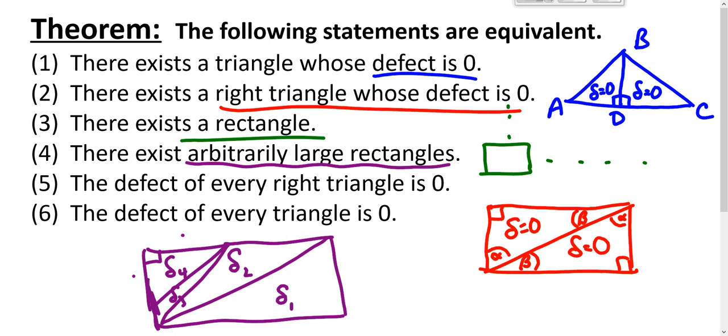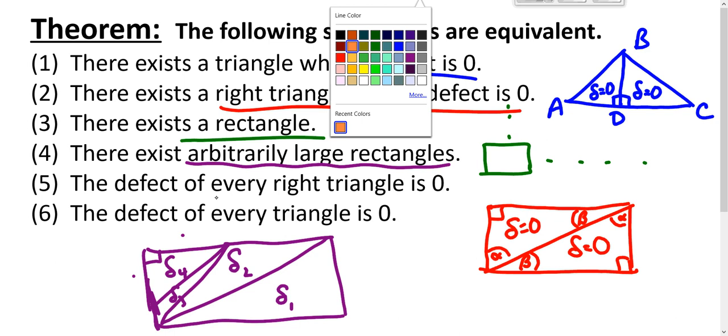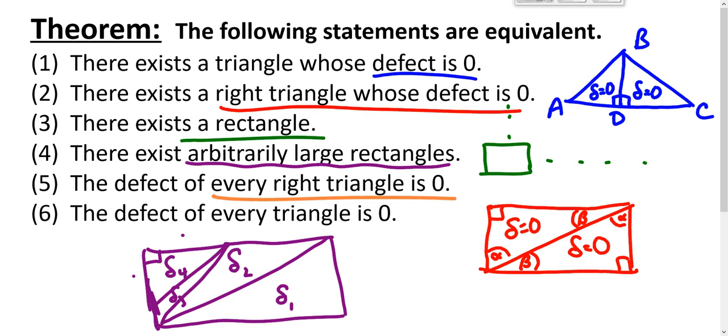And if the defect of every right triangle is 0, how do we show that the defect of every triangle is 0? This way. Every triangle has some biggest angle. Take that biggest angle, drop a perpendicular. Those defects add. And the defect of each of those right triangles is 0 by assumption.